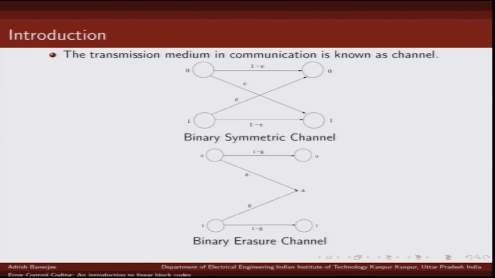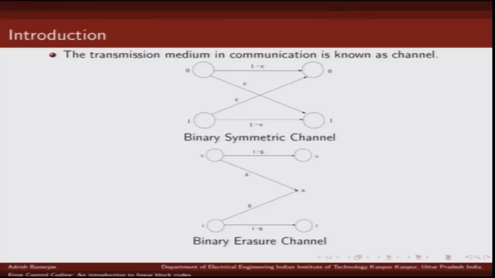Let's spend some time on our transmission medium. The transmission medium over which we want to send a packet is known as a channel, and here I have illustrated two very simple channel models. The first is the binary symmetric channel. It has binary inputs, 0 and 1, and similarly binary outputs, 0 and 1.